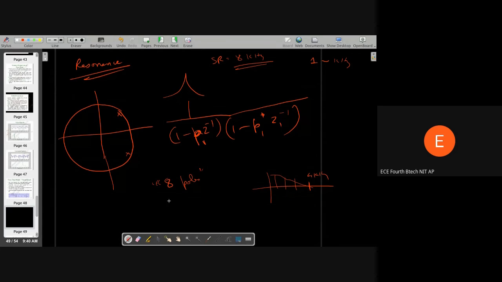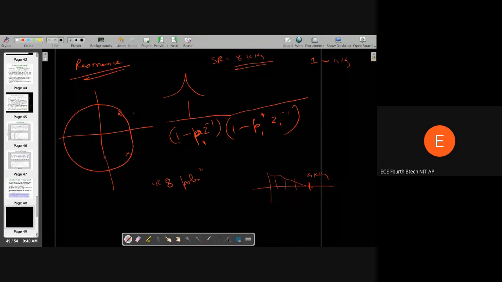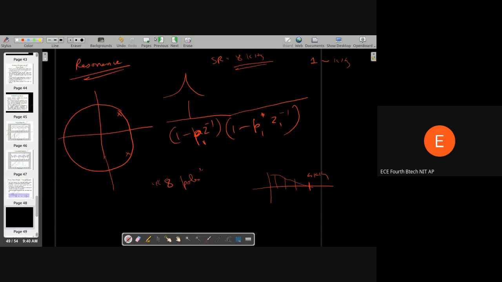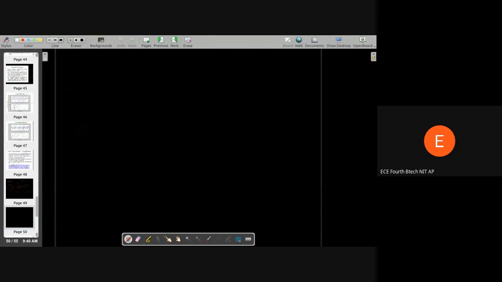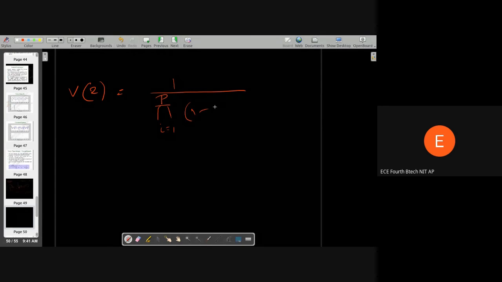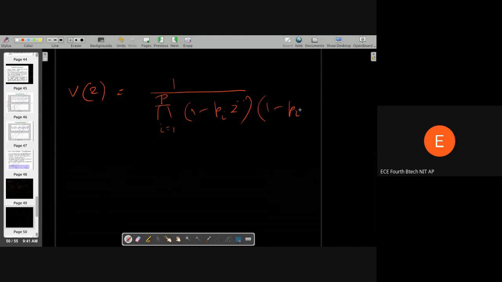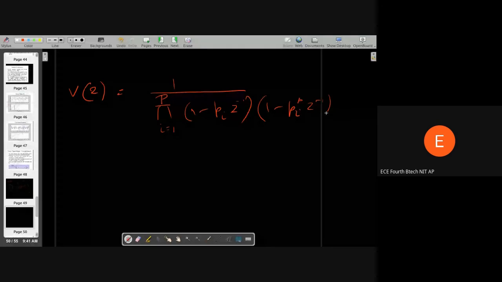So the vocal tract system, we can model it like this, based on the number of poles you have: 1 minus p_i z inverse, 1 minus p_i star z inverse, where p_i is a complex pole.